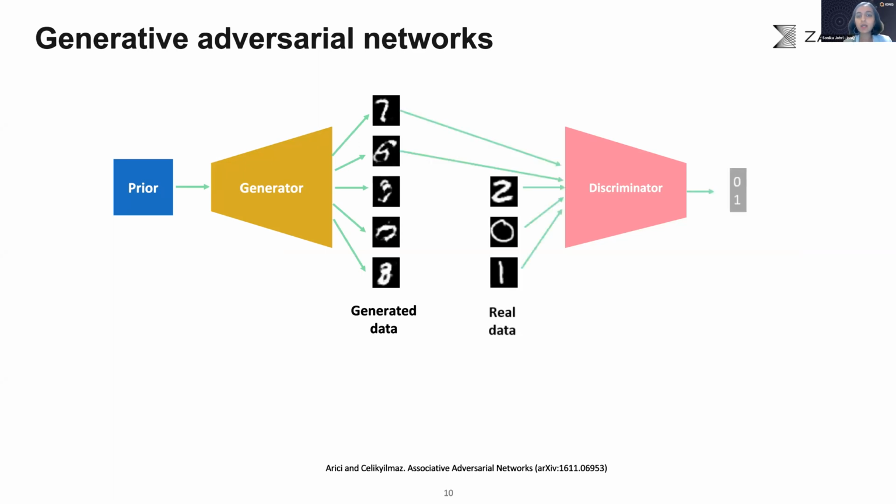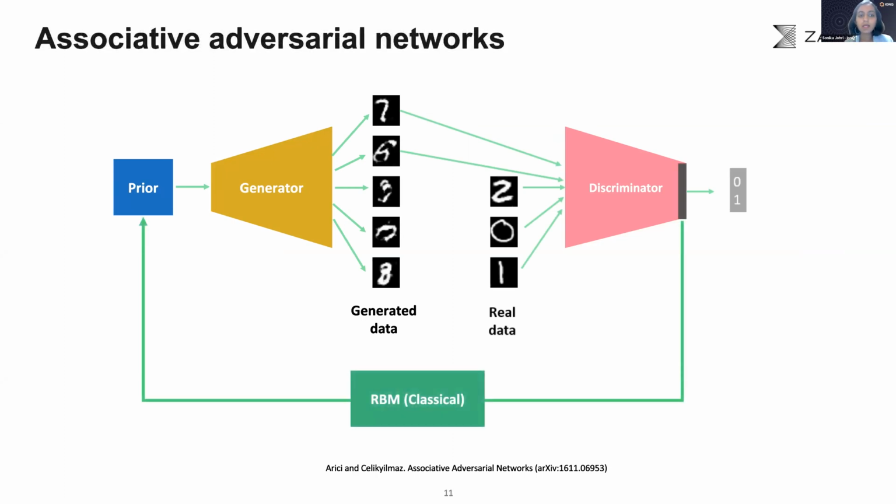These are then sent to another neural network, called a discriminator, which is trying to win a game where it successfully classifies the images from the generator as false, while at the same time classifying images from the real data as true. In a classical learning model, instead of using a fixed prior distribution, one can use what's called a born machine, which also evolves during the learning process in order to generate the prior samples.